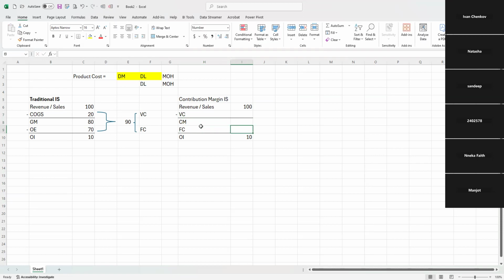So now, obviously, those two costs, which total 90, are going to behave in different ways. So let's say the fixed costs are 60. Where's my contribution margin now? Is it 40? Yeah. How much should my fixed cost be?